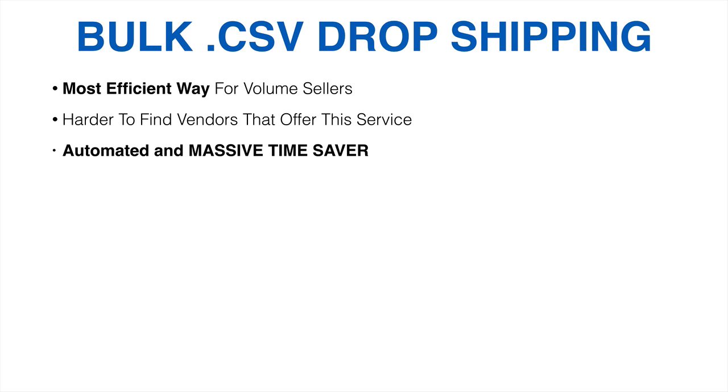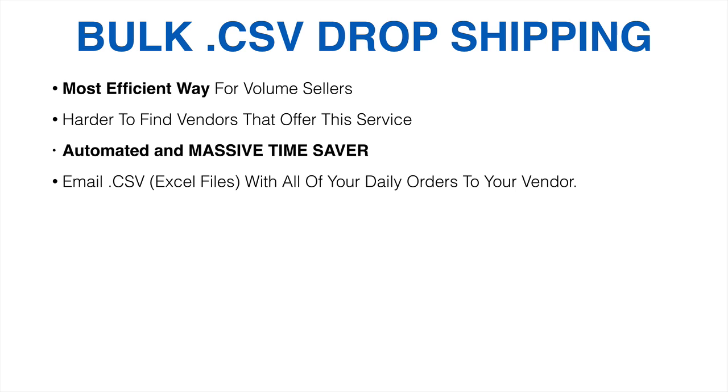So all of this is completely automated for me. Every day, I have my e-commerce store export a CSV file of all of my orders and email it to me. So basically every night at I think 12:04 a.m., I automatically get an email with all of the orders for that day.